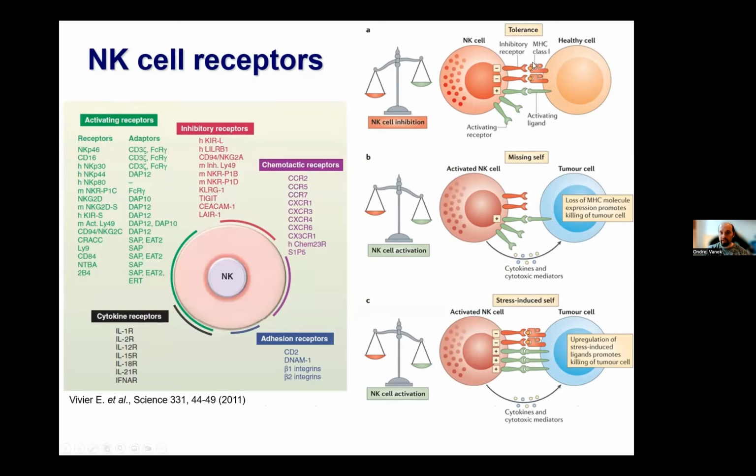And they do so by interactions of these surface receptors on NK cell with other receptors that are sending either inhibitory signal or activation signal. So we can have tolerance in case when the markers of good health are present, or activation leading to cytotoxic reaction and killing the target cell when the markers of good health are not present and the activation signal overcomes, like in this stress-induced case, for example.